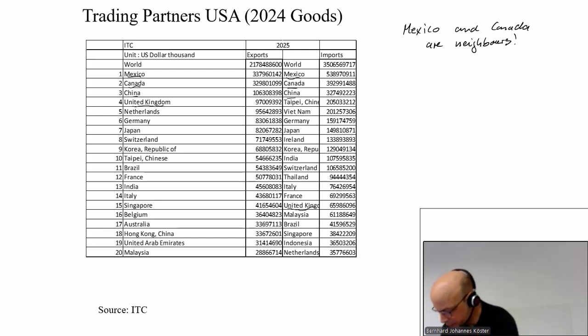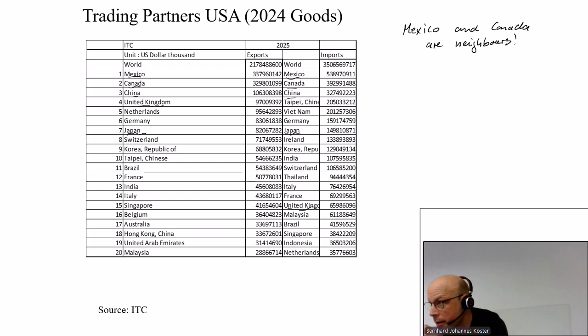But then, of course, China is not a neighbor. I don't know how large the Pacific Ocean is, 6,000, 7,000 kilometers. It's quite far away. Okay, then let's talk about Japan here.